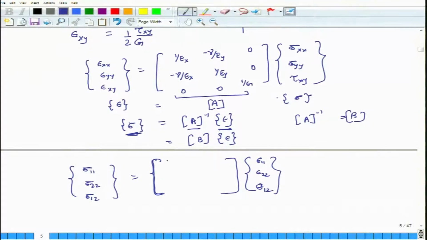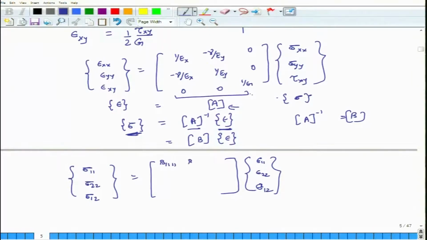So, we can calculate all these elements from this matrix. I can find what is the value of A from this, and if I take its inverse I know what are the values in B matrix. But anyway I will just use general symbols. So, let us say this B matrix is B 1 1, and I will explain this for a moment.